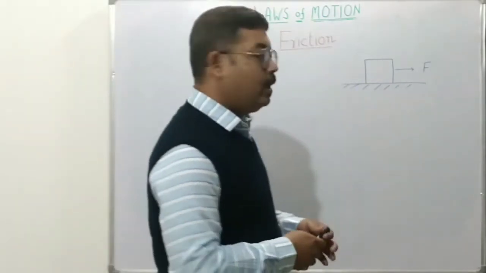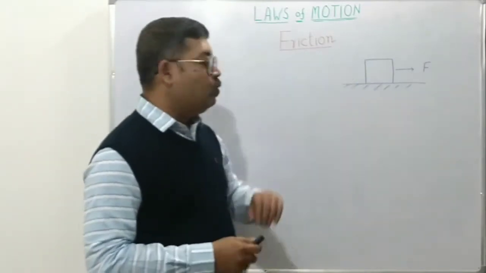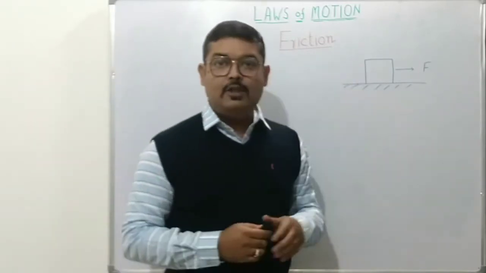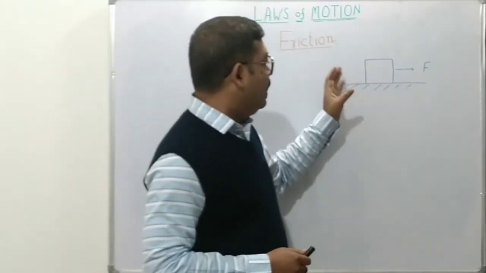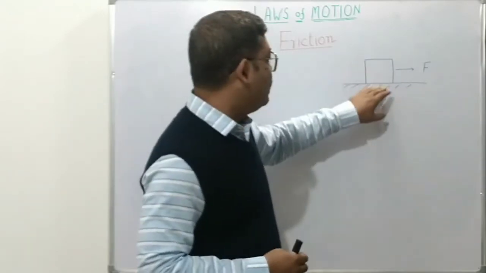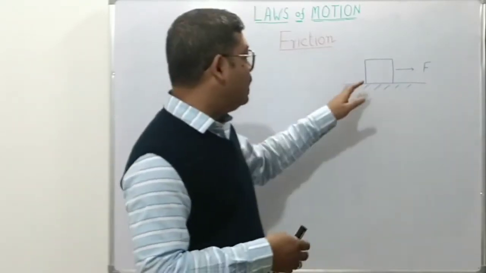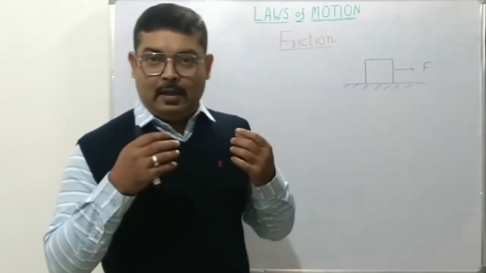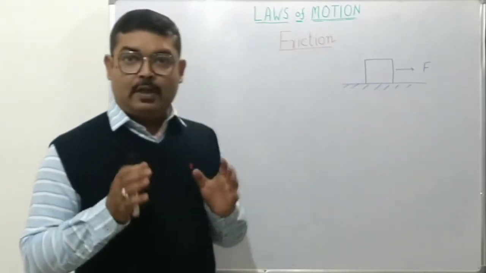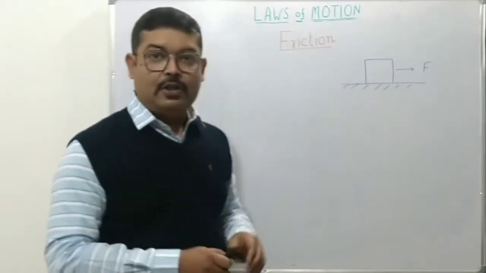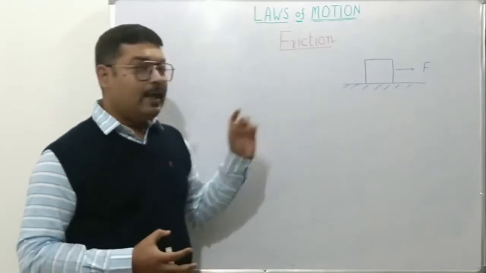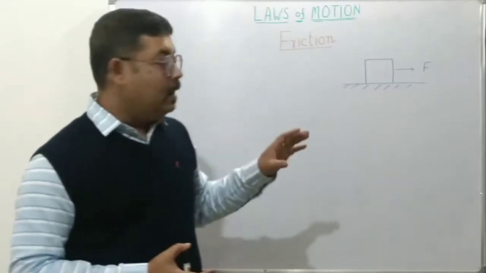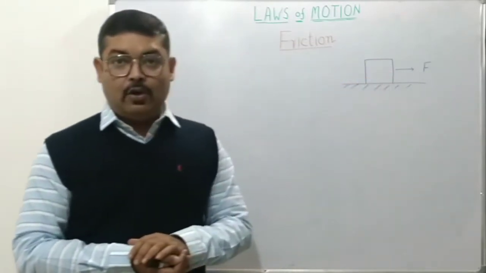Due to the inherent property of matter, the block and the surface try to resist this motion. That is, if there is a relative motion between two surfaces, or a tendency to create relative motion between two surfaces, the surfaces in contact resist this motion by virtue of a certain property which is known as friction. So, by definition, friction is a property of matter by virtue of which it opposes any relative motion between two surfaces in contact.